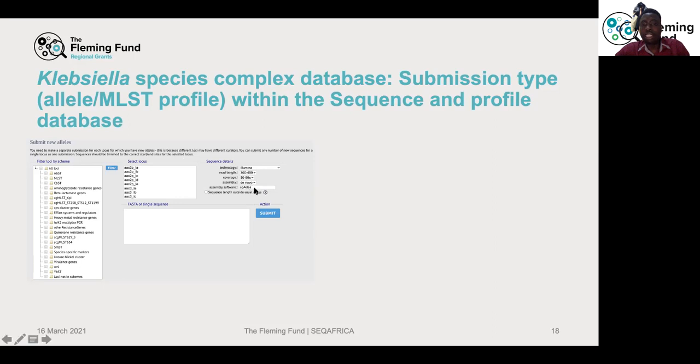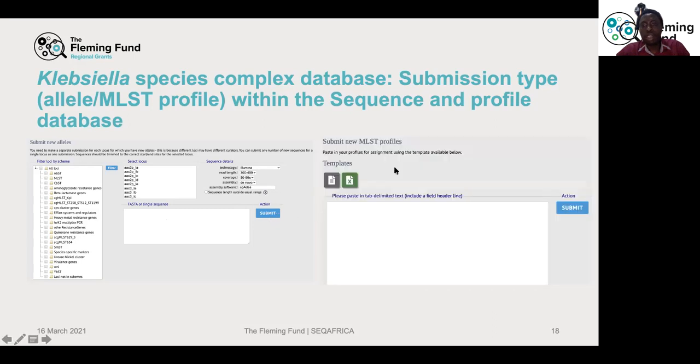You choose the assembly software, and then it's advisable to include the FASTA sequence corresponding to the locus you want to submit, and then you can click submit. But if you want to submit new MLST profiles, you can just paste the profiles here.